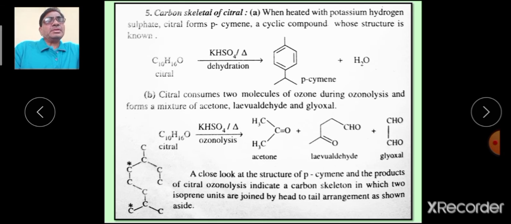Look, this is the structure of paracymene, and therefore this type of structure, but acyclic, may be present in citral.